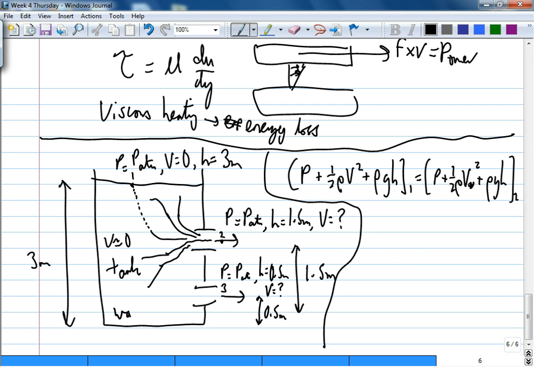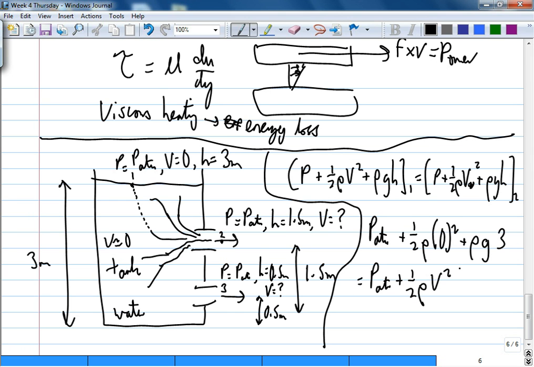So P atmosphere plus half rho 0 squared plus rho G H, in this case 3 meters, is equal to the next one, P atmosphere plus half rho V squared, which you want to find, plus rho G H, which is 1.5 meters. So the atmospheric pressure can cancel out, and this one is 0.